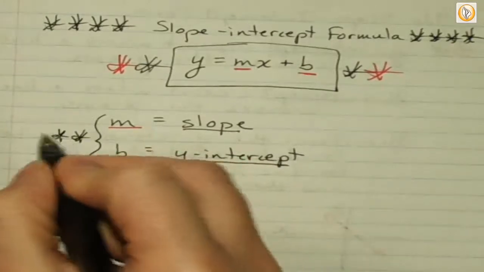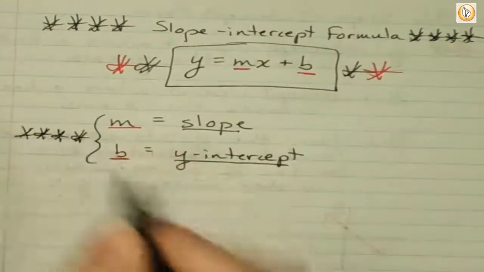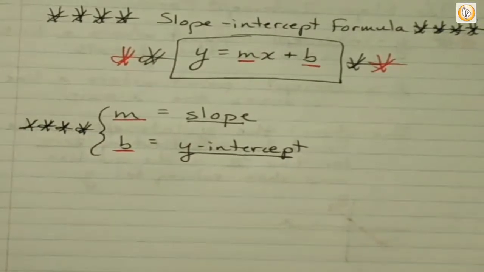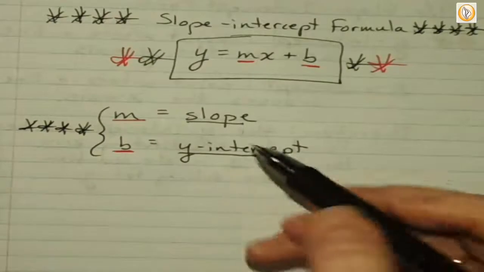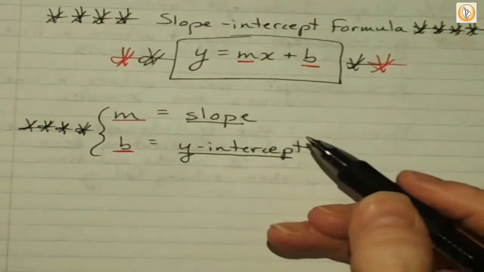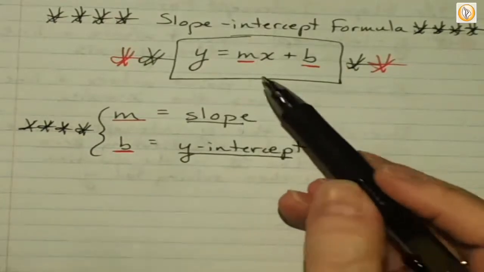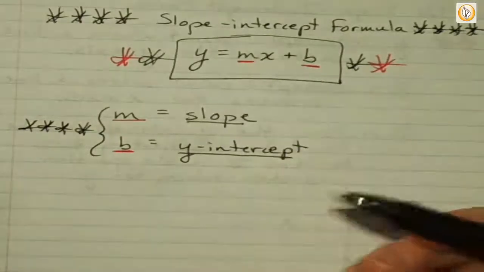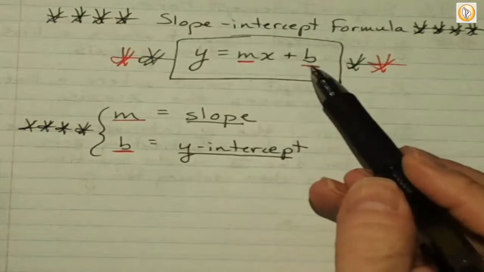Star, star, star, star. I'm going to be drilling this because I still have every once in a while Algebra 1 students that will forget. I'll give them an equation and ask what's the slope, and they'll tell me it's the y-intercept.